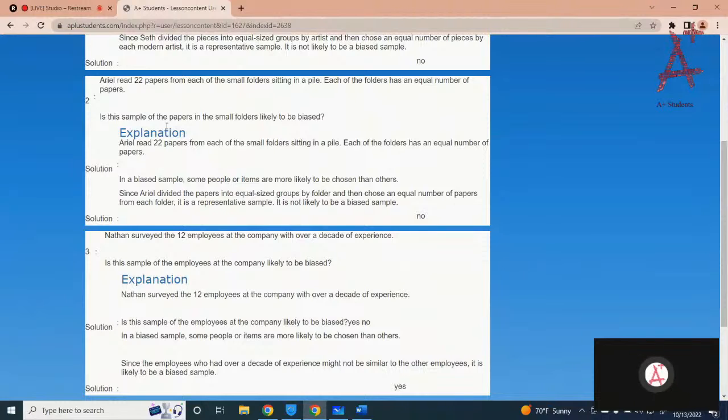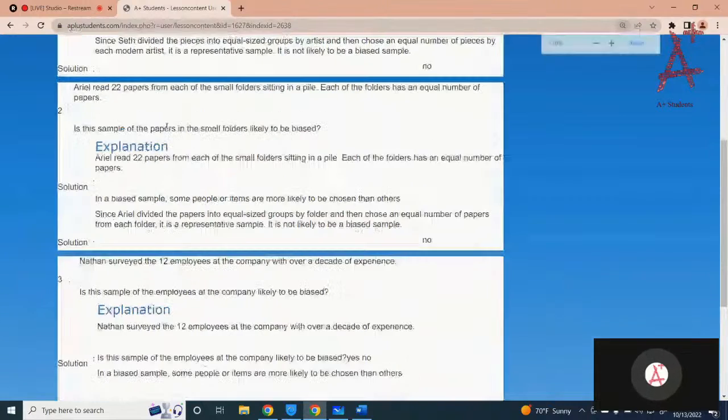Since the employees who had over a decade of experience might not be similar to the other employees, it is likely to be a biased sample because the data is not in grouped form. Got it? So you have just 12 employees.